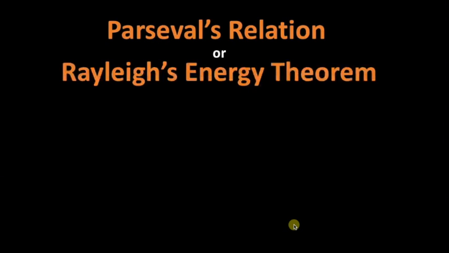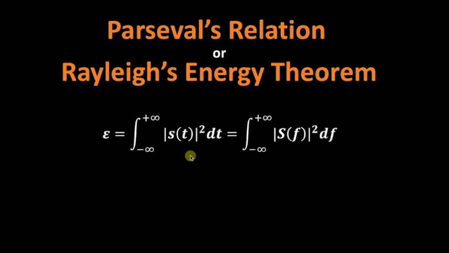Now, there is what we call Parseval's relation or Rayleigh's energy theorem. What does this theorem mean? If you take the magnitude square of a given signal and then integrate that from negative infinity to positive infinity, whether it is in time domain or in frequency domain, then you obtain the energy of the given signal.